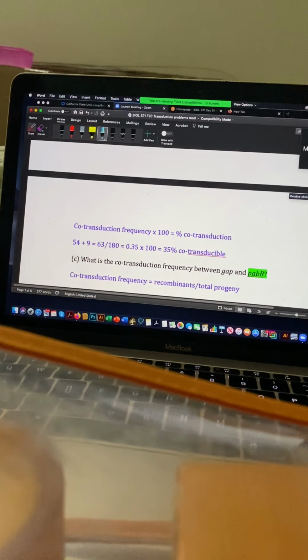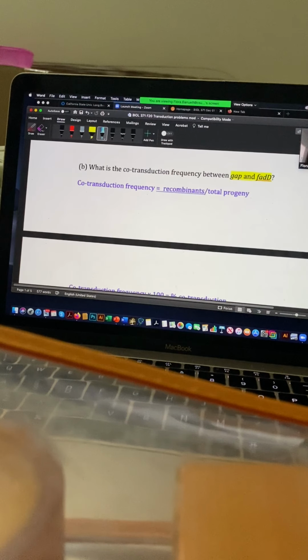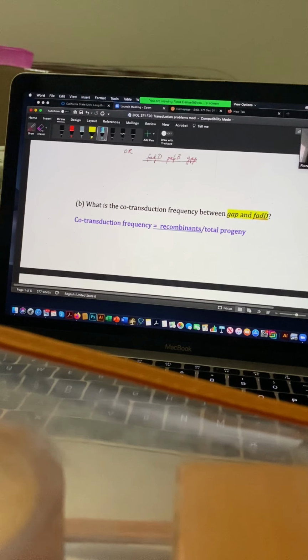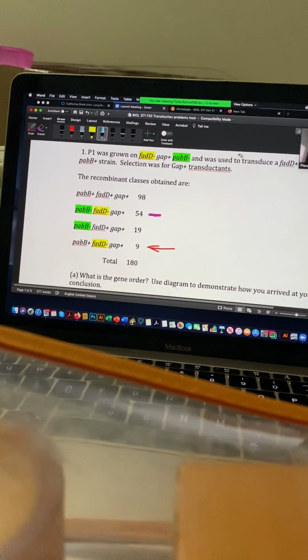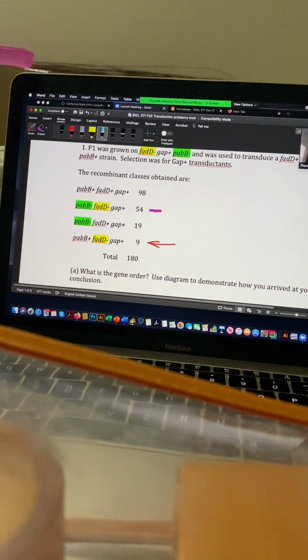No, that makes sense. Okay, so now we are asking, what is the co-transduction frequency between GAP and PAB? Again, we go and look here, and it's PAB minus that came with GAP plus. So there are these two classes, so we add 54 and 19, the recombinants that we are interested in now.